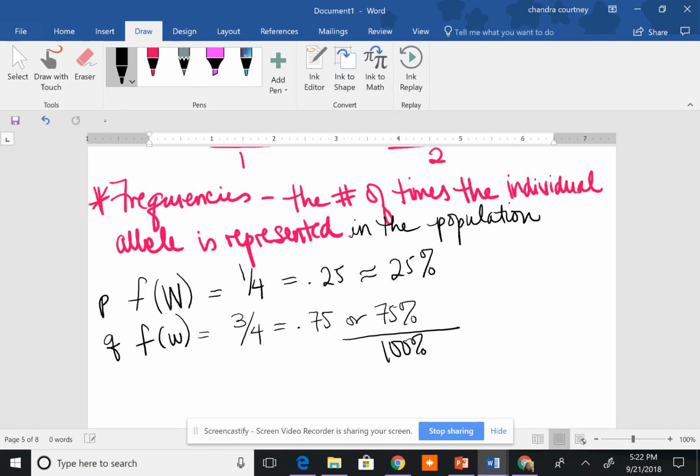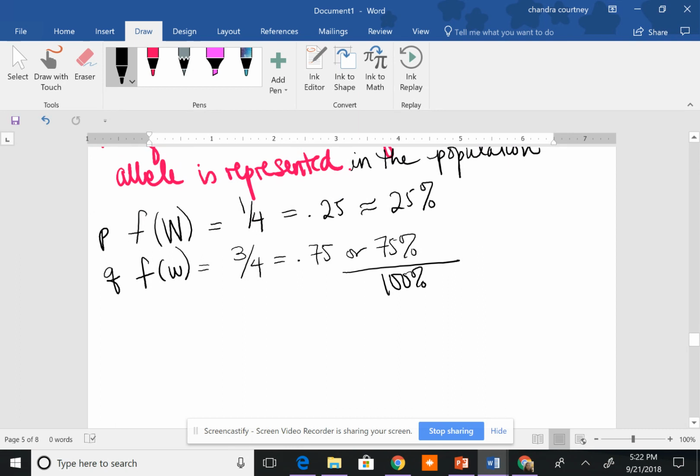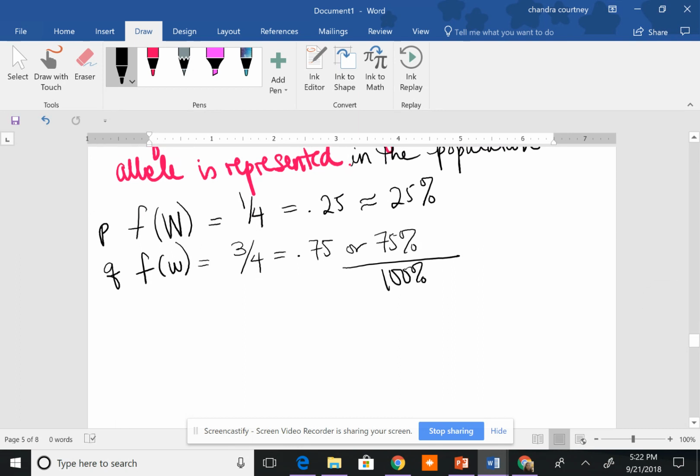And it's not because I designed it that way, it's because it'll always add up to 100%. So P plus Q equals 100%, or if we're thinking decimal version, P plus Q equals 1. Right, so there we are for allele frequencies.